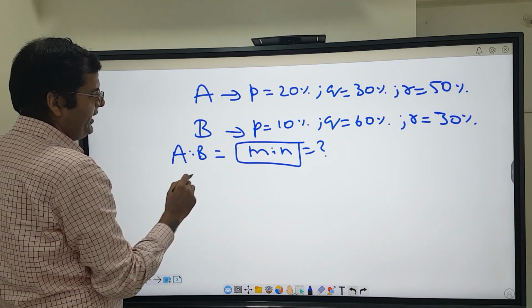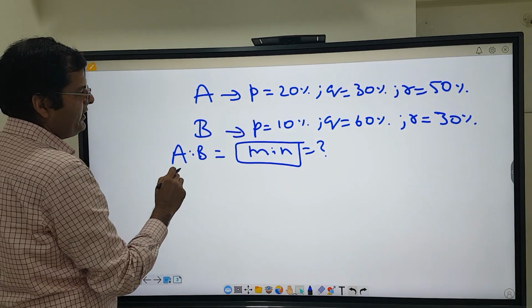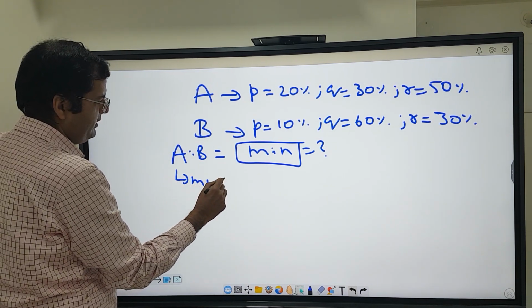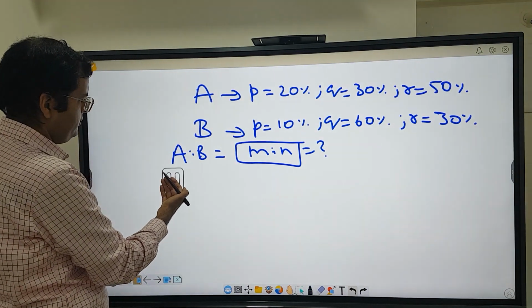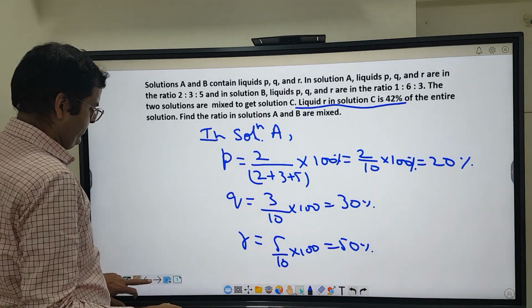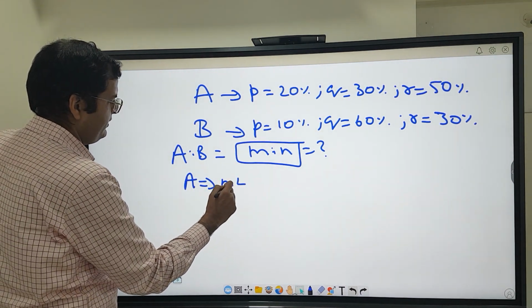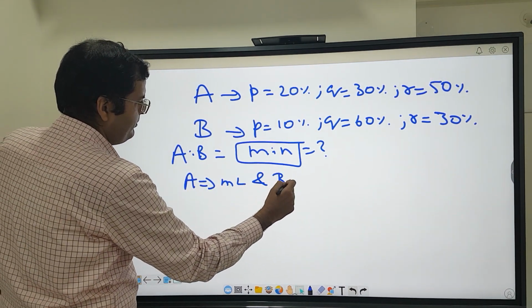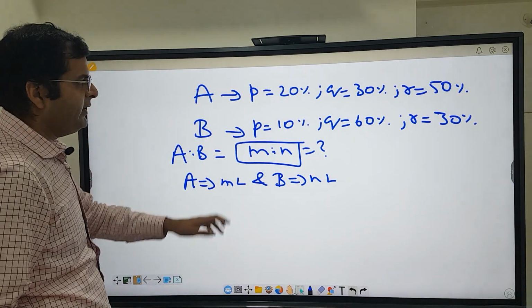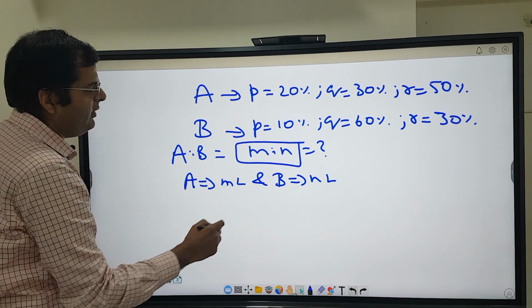So if I mix them in the ratio M:N, then how much R are we taking? Assume A is taken M liters and B is taken N liters, since they are liquids and we'll assume liters. We have to find M upon N, and from there we get M:N. If A is M liters, R will be how much?